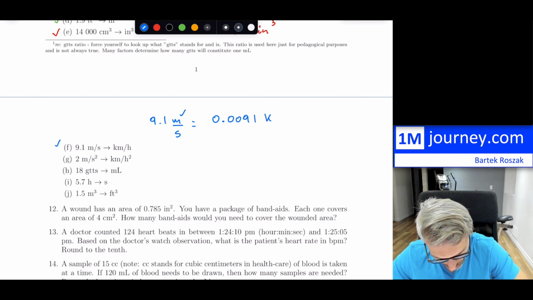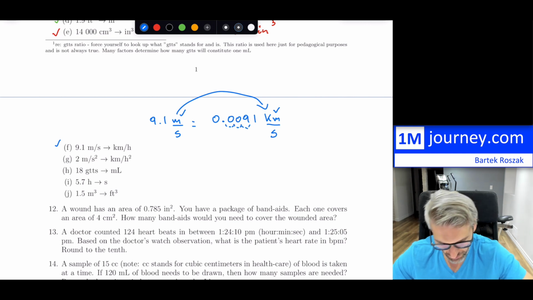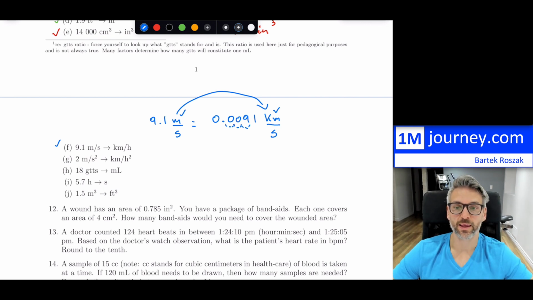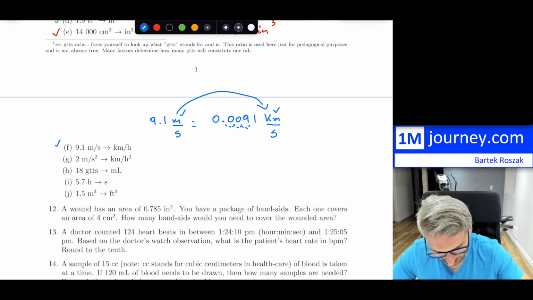And this is now kilometers per second. So what I've done is I've just changed the meter to kilometers. Notice 1, 2, 3 spots. That's the kilo. Or you can simply say 1 kilometer over 1,000 meters, because that's what they equal. And that will give you what you need.